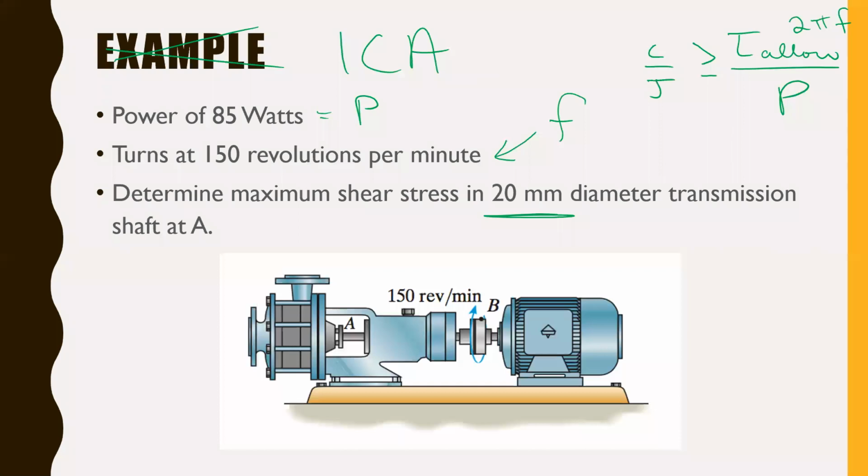This is not F, I apologize. Frequency is in per second. So revolutions per minute. To get omega, you want this to be in radians per second. So you'll need to convert that.